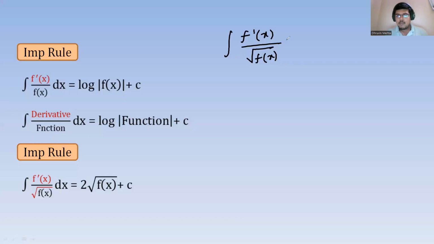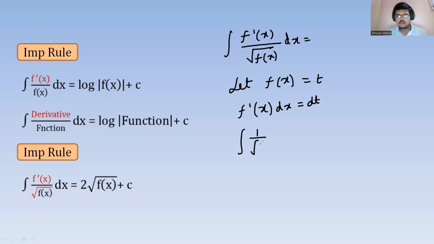See, if we have integration derivative upon square root function, we'll take the function as t and its derivative f dash x dx will become dt. So guys, this will now become 1 upon root t dt.